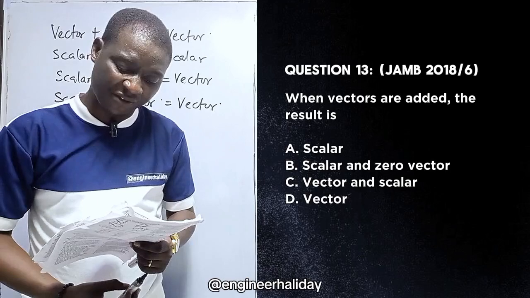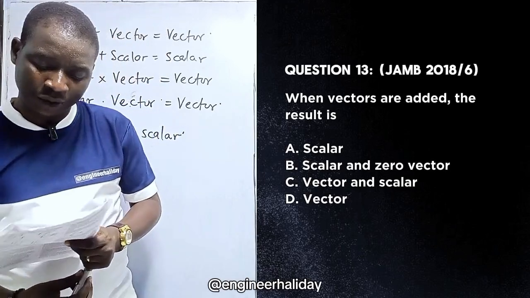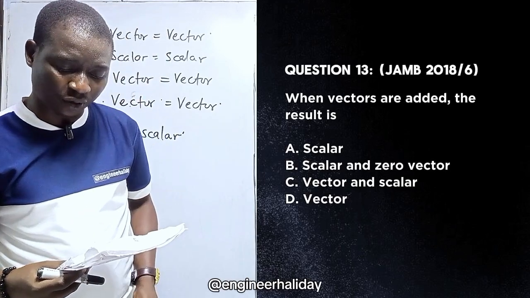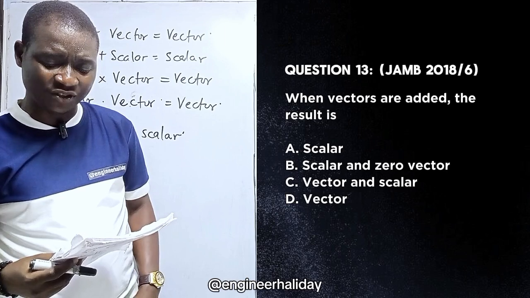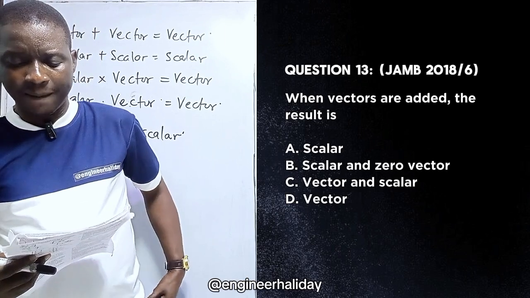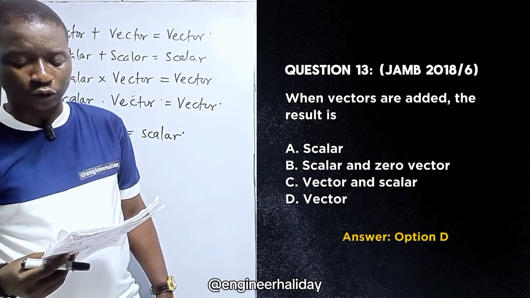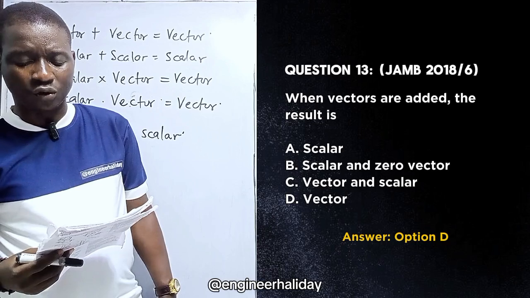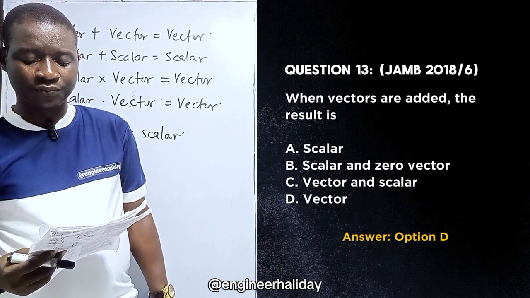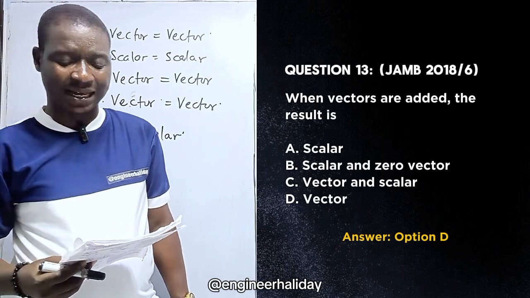So the options: A, scalar. B, scalars and zero vector. No. C, vectors and scalar. No. D, vector. Yes, that is the answer. Option D.